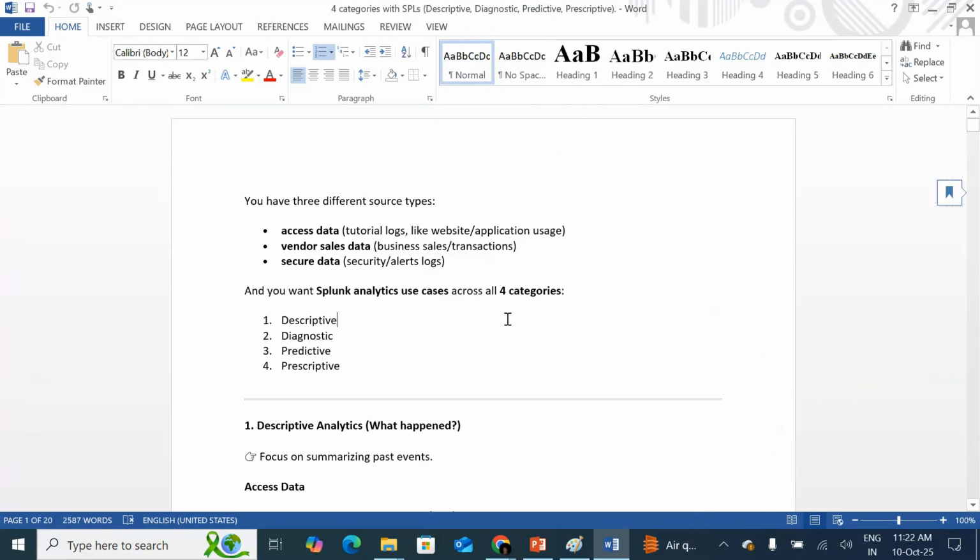Next, diagnostic analytics. See, up to now something happened. Maybe up to now cybersecurity and Splunk are going well in this training institute, apart from the other courses. That means more profits are coming from cybersecurity and Splunk. Why? The analyst needs to do diagnostics.